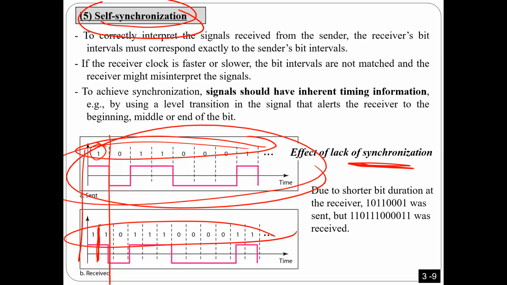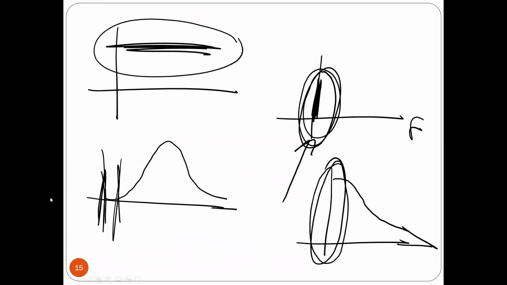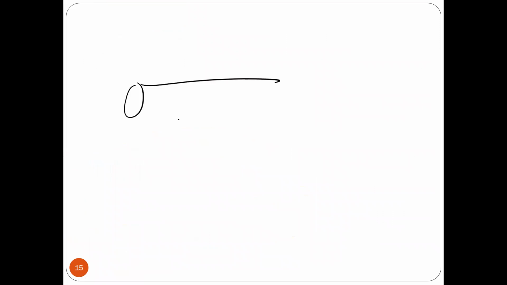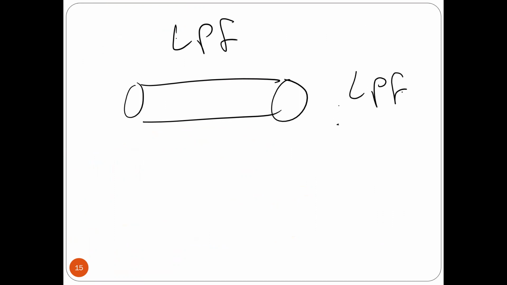The reason for that is, remember, the channel actually has a low pass filter effect. Also at the receiver side, we're going to use a low pass filter. So here we have the low pass filter effect, and also here we have a low pass filter.